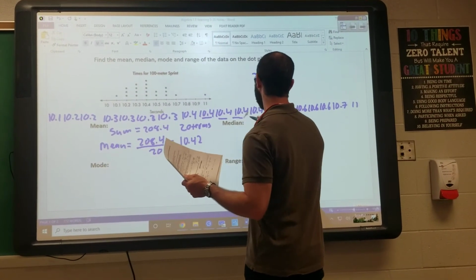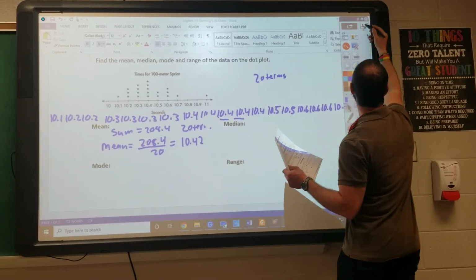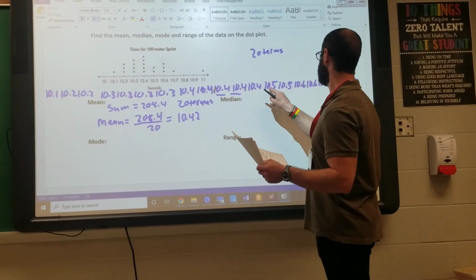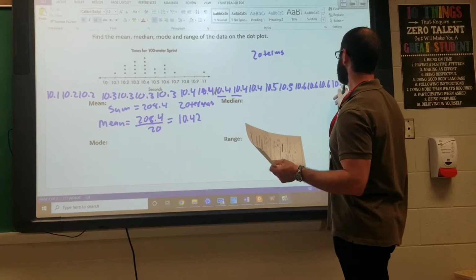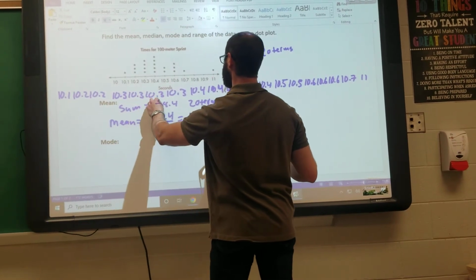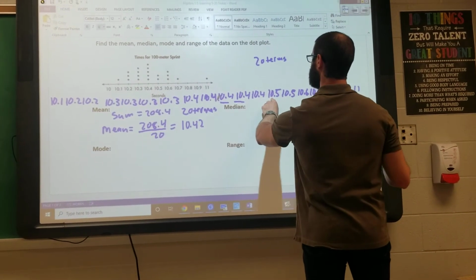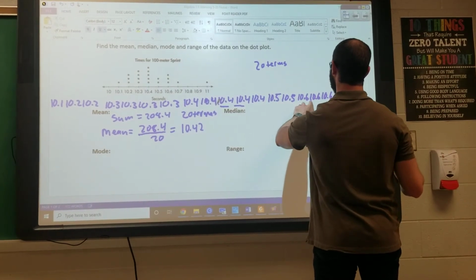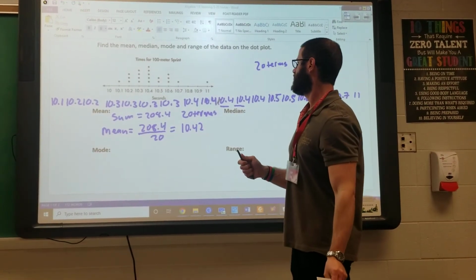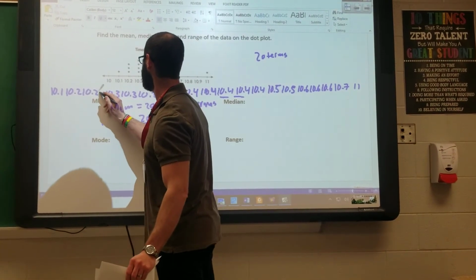Since I have an equal number of terms on both sides, because I got 1, 2, 3, 4, 5, 6, 7, 8, 9, and then I got 2, and I got 1, 2, 3, 4, 5, 6, 7, 8, and oh, I forgot 10.2.